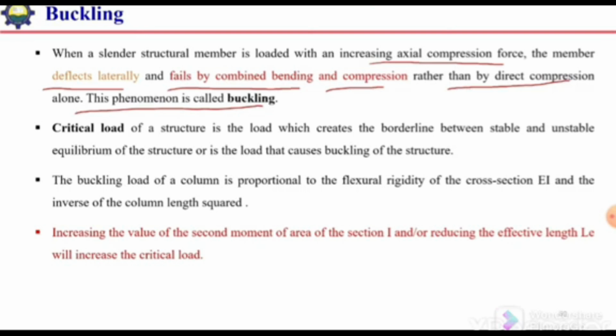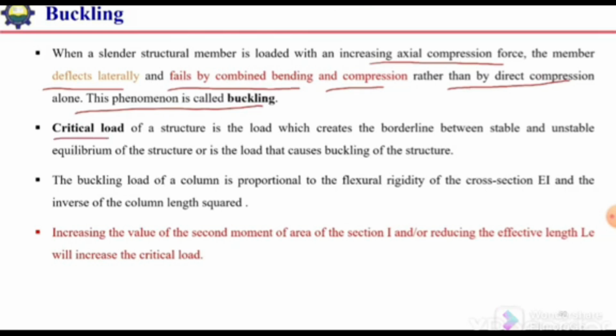But if the length of the member is sufficiently large, then as we go on increasing the load, at one point the structural member will bend in the lateral direction and fail by the combined action of bending as well as compression. This phenomenon is termed buckling, the lateral buckling of an axial compression member.